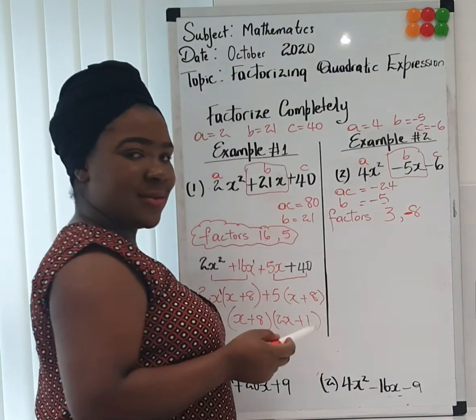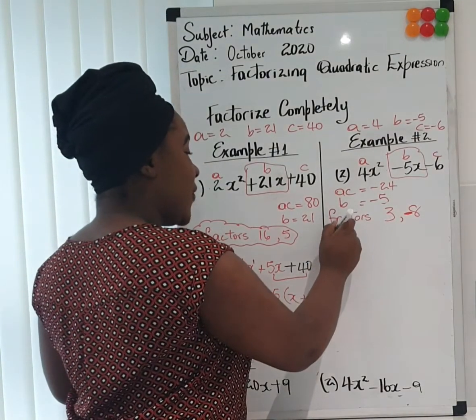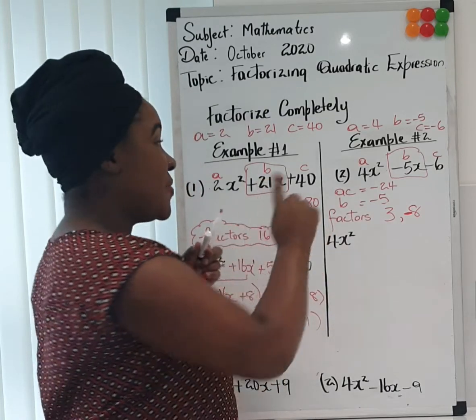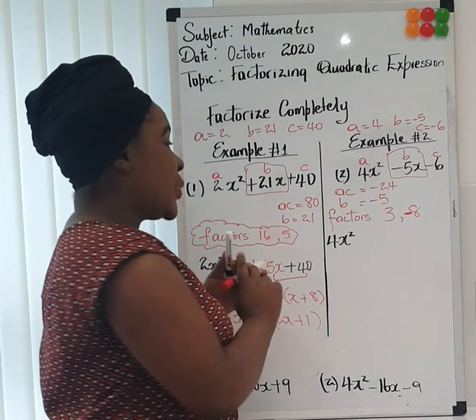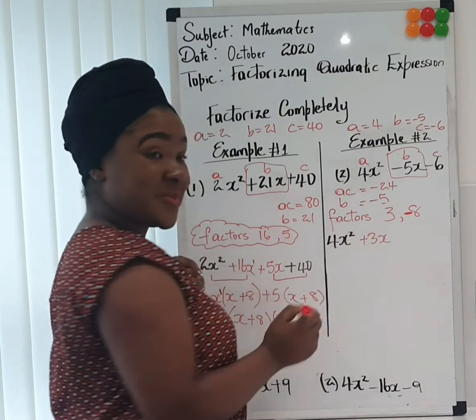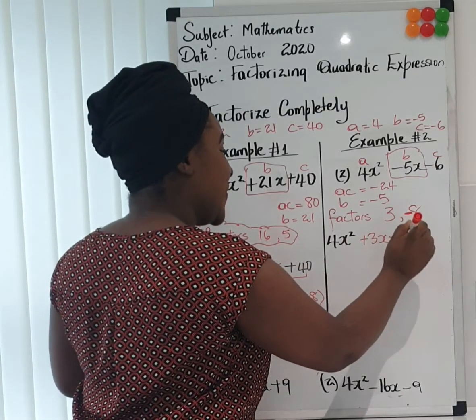Now that I have my two factors, I'm going to take out that middle piece and put those in. So this is you refurbishing your house. You have a 4x squared, and you say, I don't want that piece of carpet anymore, I want two fancy pieces. So I'm going to put in this fancy piece here, which is plus 3x, and another fancy piece, which is negative 8x.